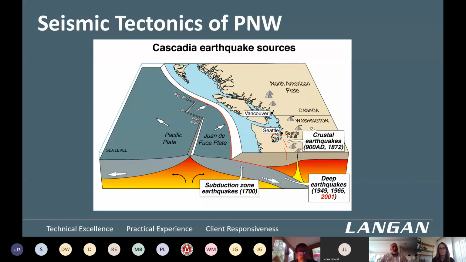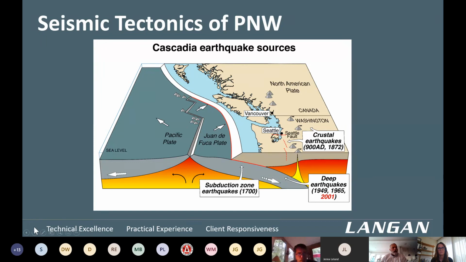Now we go to the Pacific Northwest, and the main source here is the Juan de Fuca plate, which is subducting, or going under, the North American plate, and this dipping under creates earthquakes when the rocks go past each other. This is the subduction source, and we have two different types of subduction earthquakes.